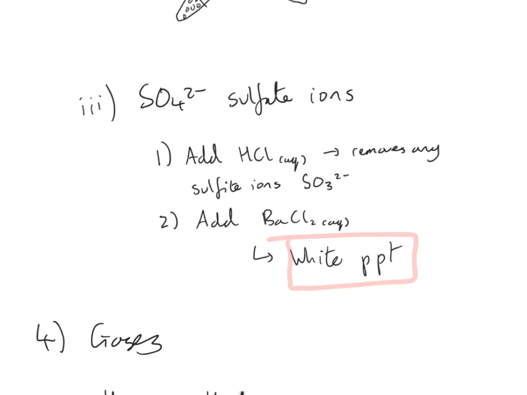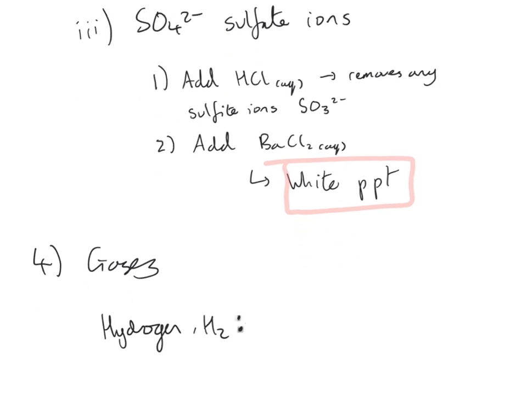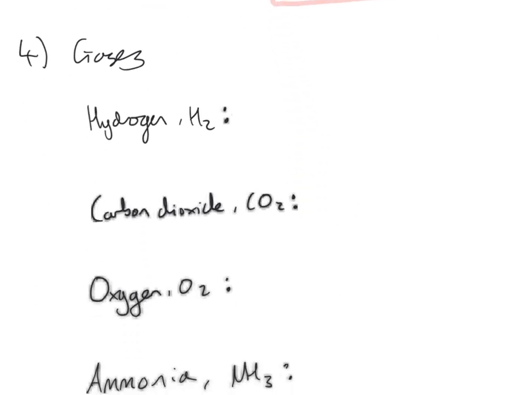The penultimate tests that you need to know are for the various gases. So you need to know, for example, how to test for hydrogen gas. Hydrogen gas, you test with a lit splint, and you should get a squeaky pop. Carbon dioxide, we've seen this before.